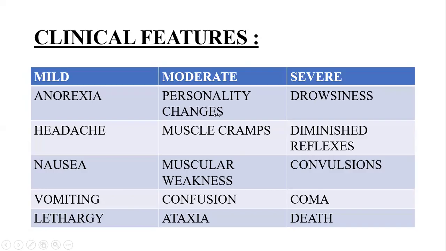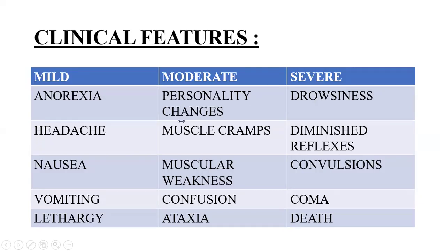What are the clinical features of hyponatremia? Again, it can be divided into mild, moderate, and severe as told previously. Mild is 130 to 135, and in this we can see symptoms like anorexia, headache, nausea, vomiting, lethargy. Moderate is 125 to 129 milliequivalent per liter of sodium.